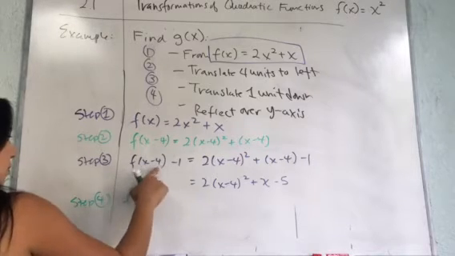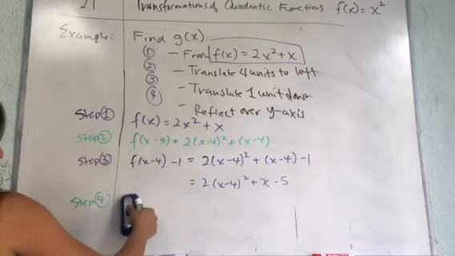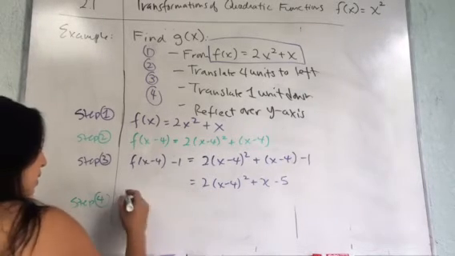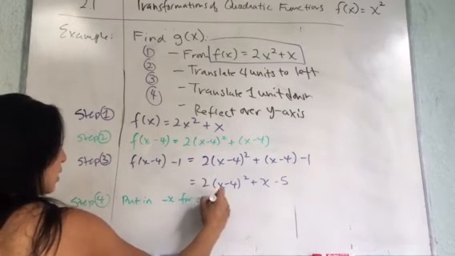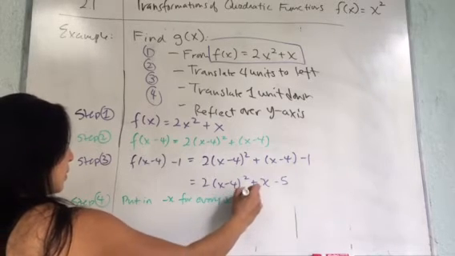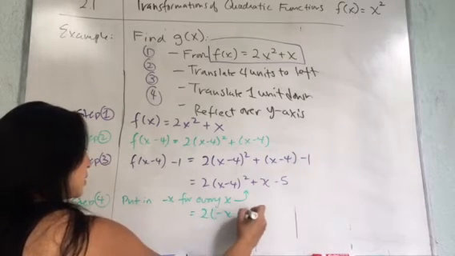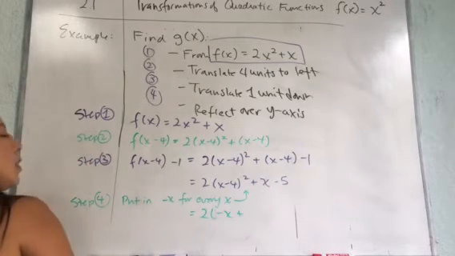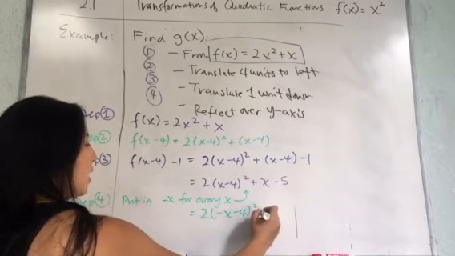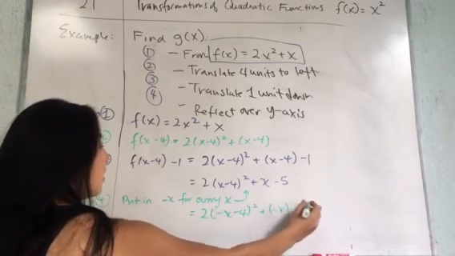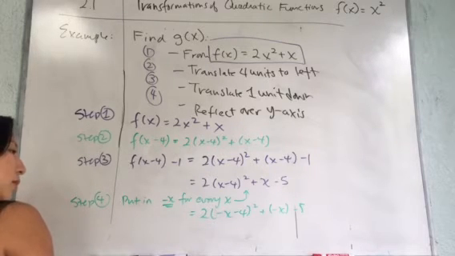So I need to put in a negative x for every x that I see up here. If I do that, I have 2 times negative x minus 4 squared plus negative x minus 5. Every time I see x, I have to put a negative x in, and that's what will help me reflect over the y-axis.